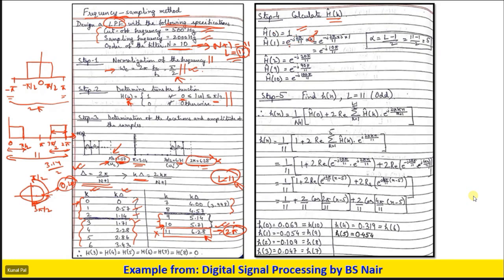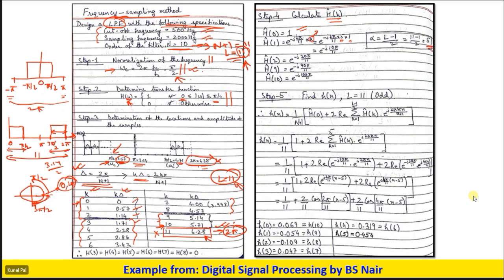Then H cap 1 becomes e to the power minus j 2 pi by 11 alpha k, where alpha is 5 and k is 1 in this case. And alpha, we know if the length of the filter is 11, then alpha will become 5.